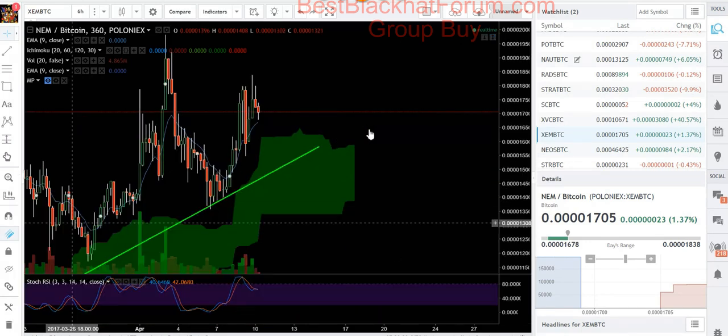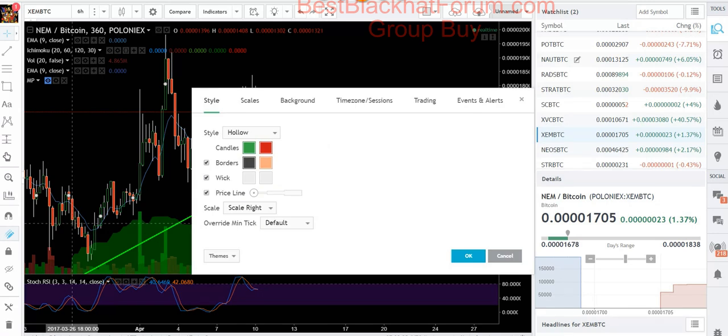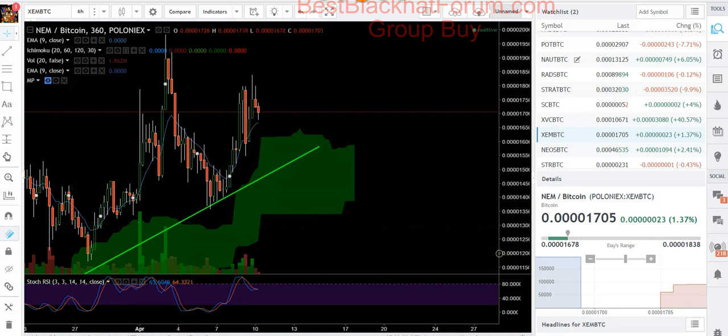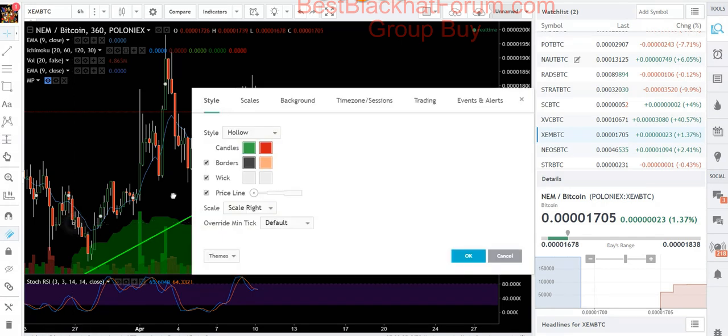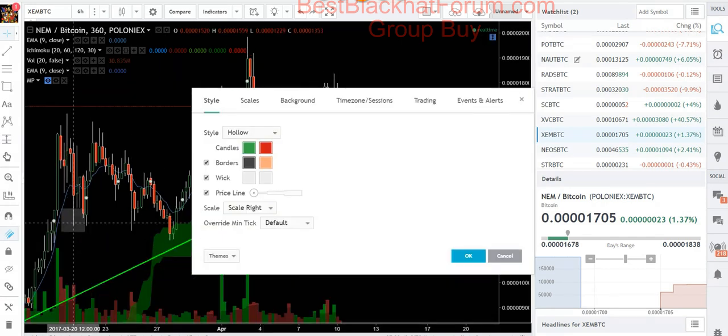So we're using the cloud to tell us where our support and resistance are, and how our move is going to break apart. If this thing falls under the 6-hour cloud and starts trading under it, then we're going to start downtrending. It's as simple as that.